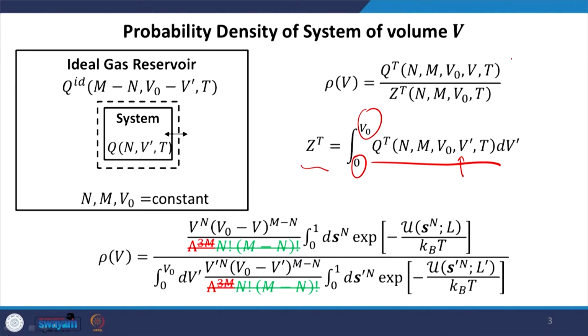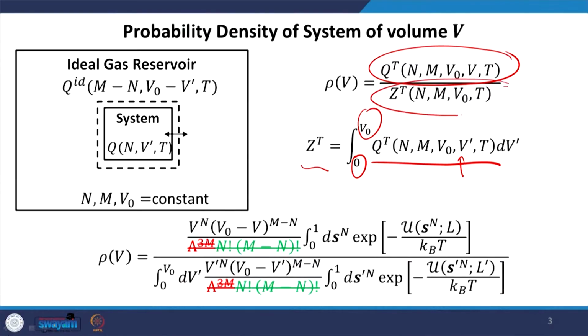Now, once we have that, we can also find the probability density of the system having a volume V, and that is given as the canonical partition function we have obtained for the case when the volume was V by the total partition function now, that is basically an integral of the Qt over all possible volume, right.